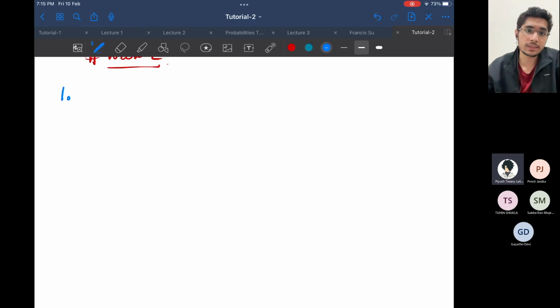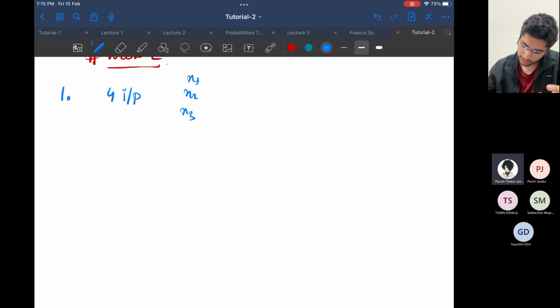The first question asks you how many Boolean functions can be designed for four inputs. When you have four inputs, say x1, x2, x3, and x4, how many possible pairs can I prepare? Each of them can have two values.